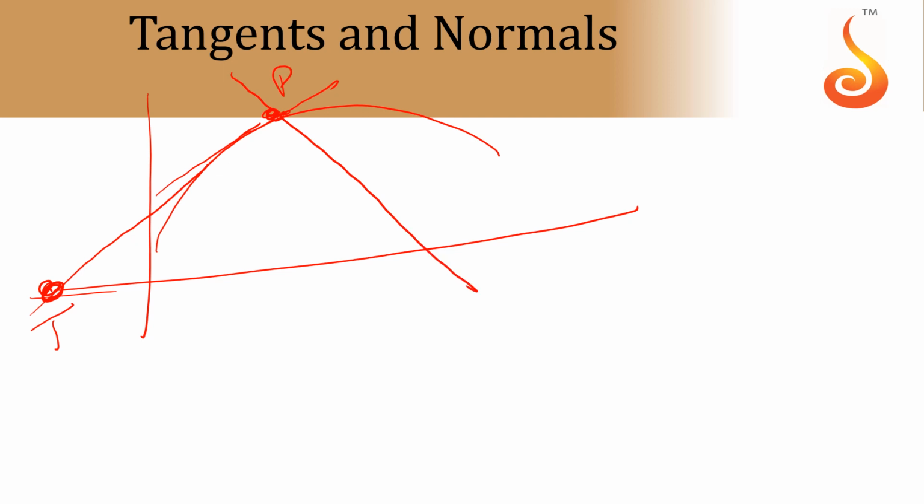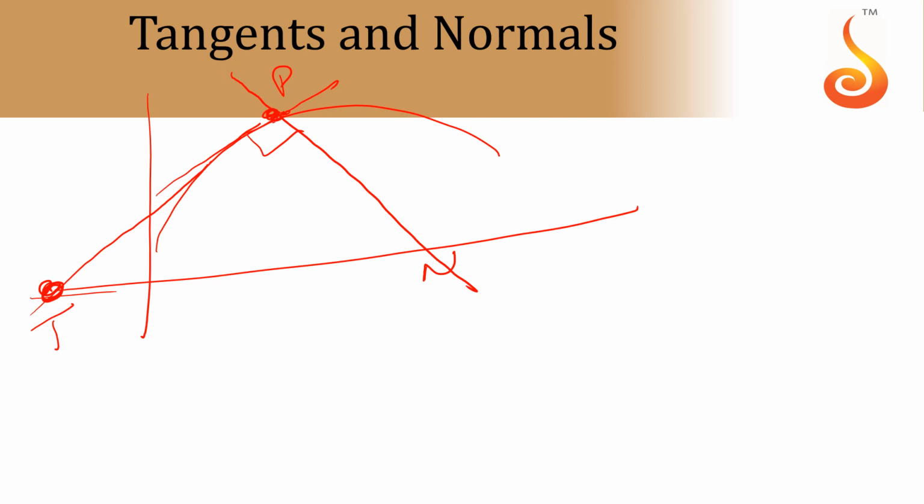If you draw a perpendicular here, assume that PN is the normal at P. The negative reciprocal of the slope of tangent is slope of normal. So if you know the point, you can differentiate the curve at the point, get the slopes and get the equations.